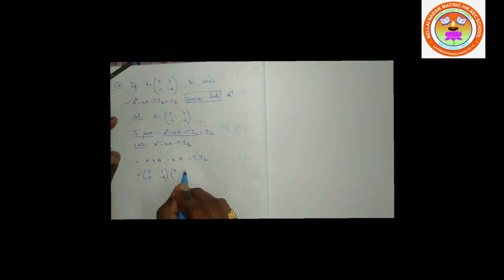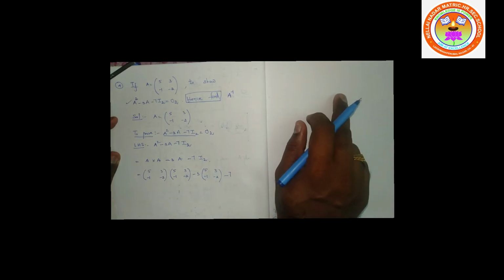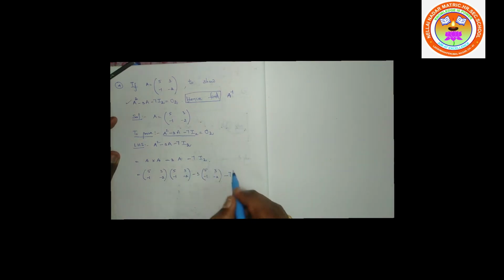So [5, 3; -1, -2], minus 3 times A, once again the A matrix [5, 3; -1, -2], minus 7 I2. I2 is nothing but the identity matrix [1, 0; 0, 1]. This is the identity matrix.